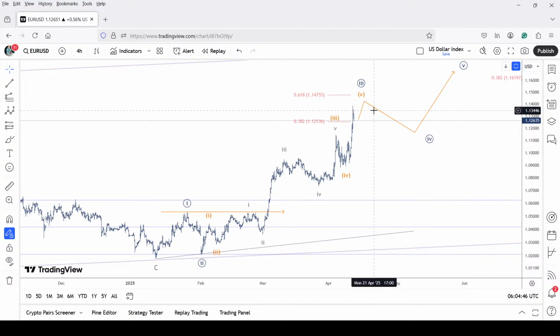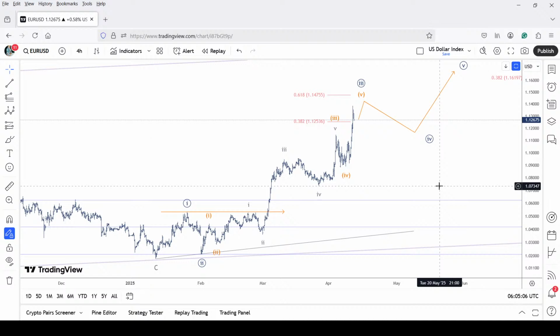But if you exit completely, we will get another chance to buy around the wave 4, which could be slightly deeper. So both ways trading can be done, and I've just discussed both possibilities, so you can execute accordingly.